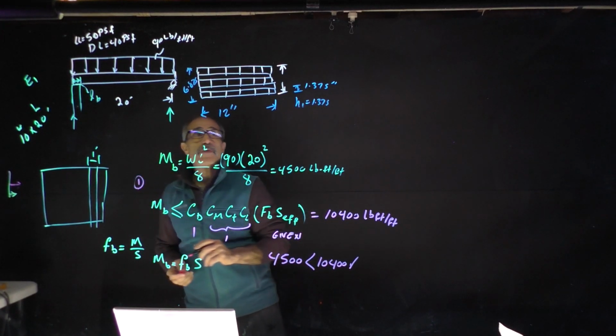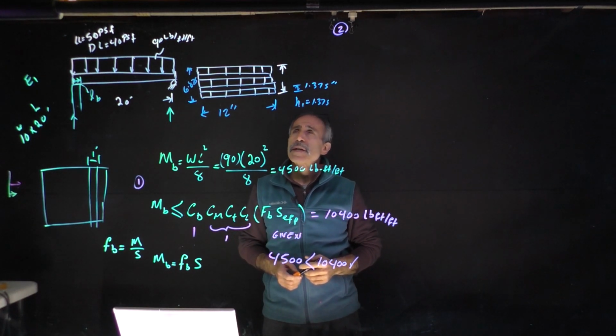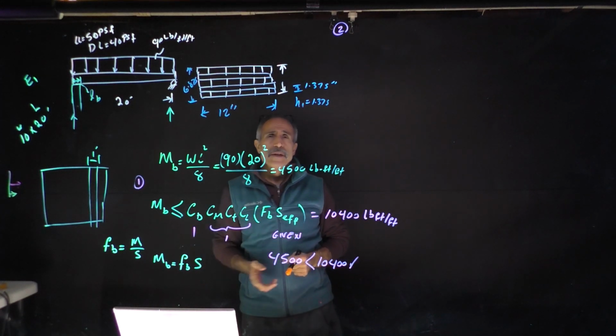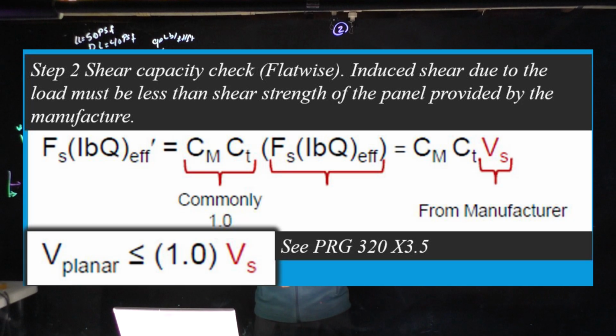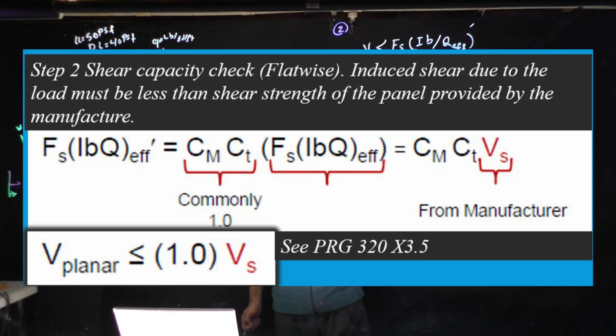Let's go ahead and do step 2. Now we're going to check step number 2, which is shear. If we go per NDS 10.3 or the code from the CLT handbook, the shear V should be less than or equal to FS times IB Q divided by Q effective, and this is normally given as Q prime effective by the manufacturer.